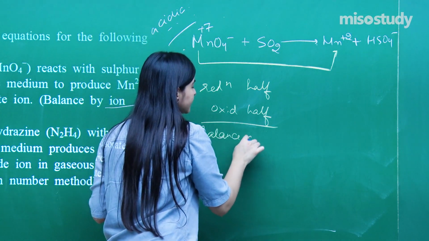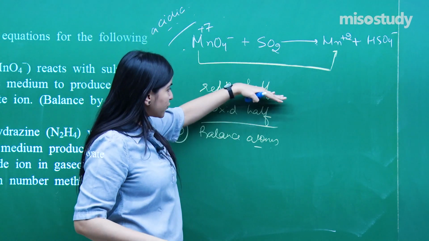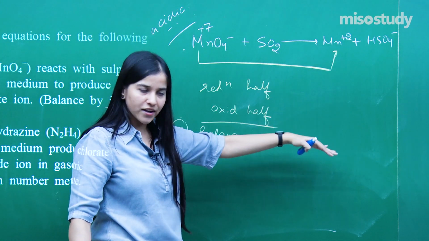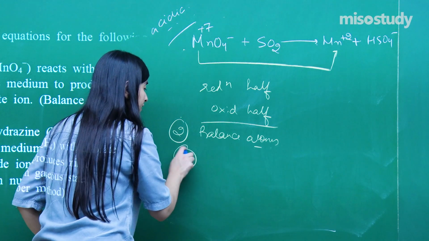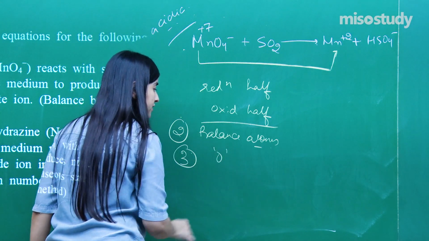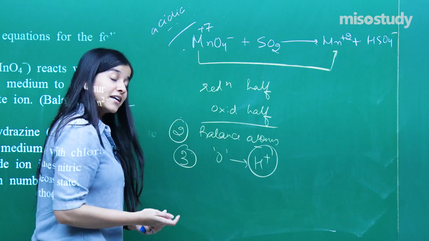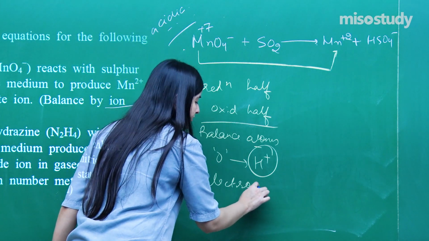Balance atoms, right? So, that is the second step. Okay, you need to first write the both of the things separately, oxidation and reduction half, balance the atoms. After that, balance the oxygens, then balance the hydrogens via H positives, fine. And finally, fourth point, balance the electrons and you will be done, right?